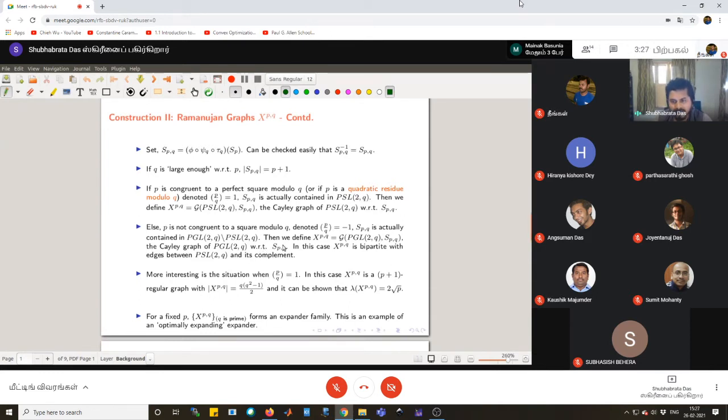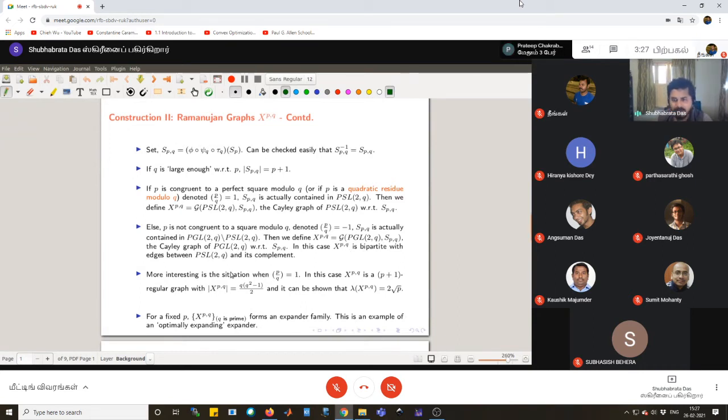And in that case, we take the Cayley graph, but of PGL_2(Z/q), and we call that our X^{p,q}, and that happens to be a bipartite graph. It will be an expander, but a bipartite expander graph.